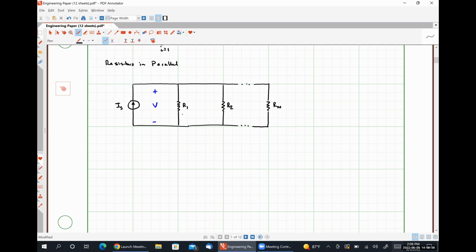And from this, we should observe several resistor currents. So there will be a resistor current IR1 flowing down through resistor R1. There will be a resistor current IR2 flowing down through resistor R2. And there will be a resistor current IRN flowing down through resistor RN.